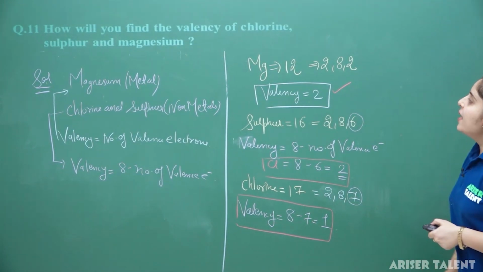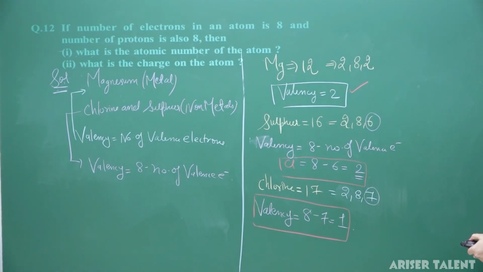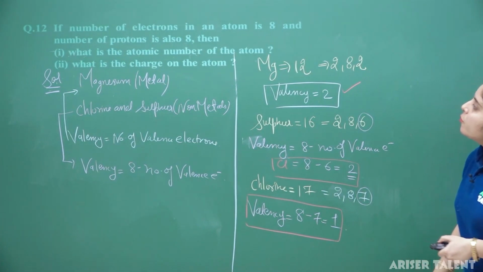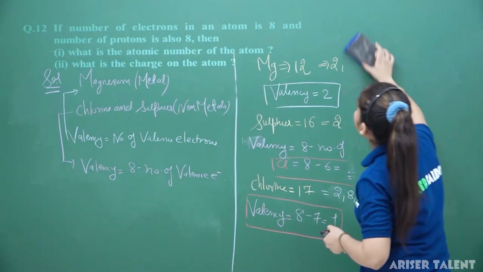Now we are with our next problem. If the number of electrons in an atom is 8 and the number of protons is also 8, then what is the atomic number of that element?